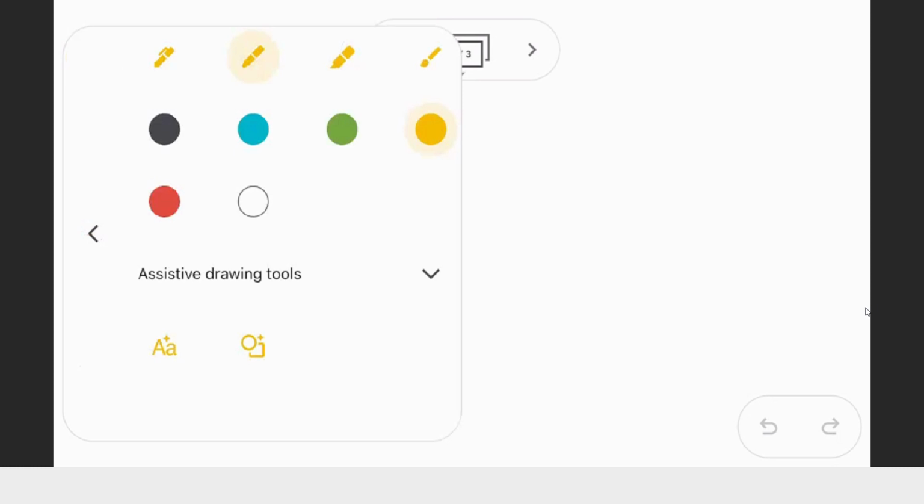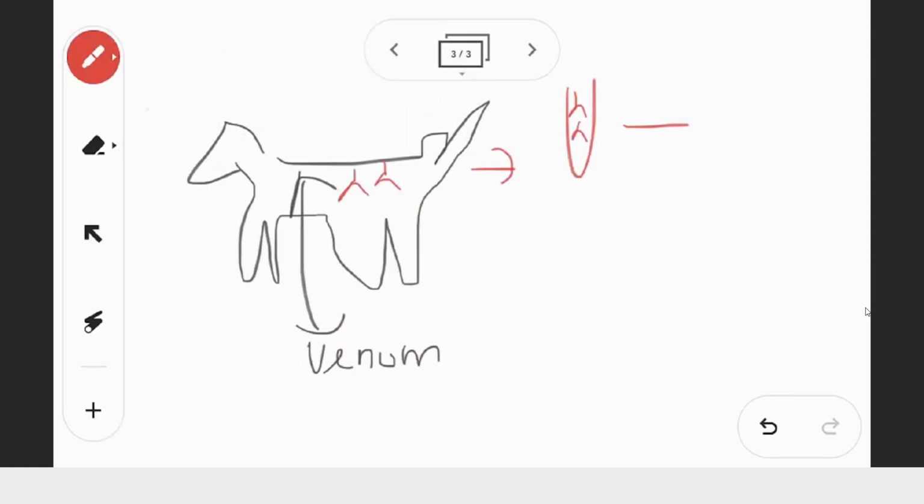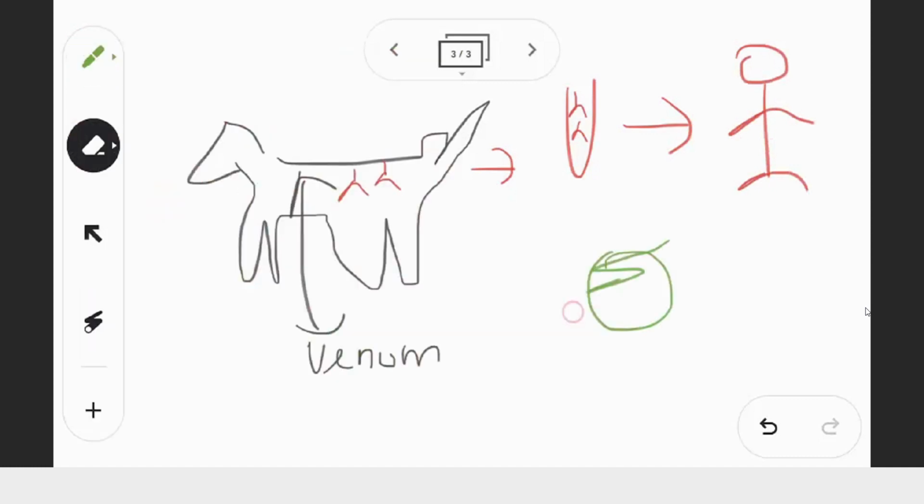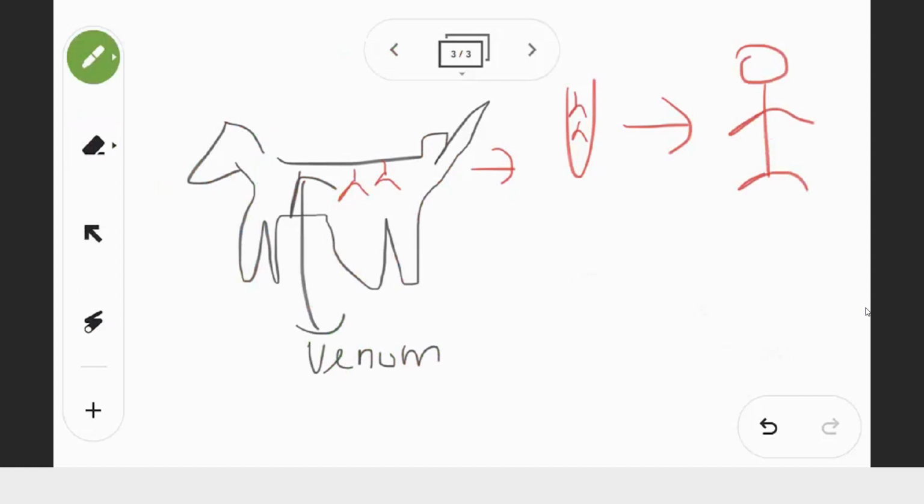Let's say that this individual got a venomous snake bite, and then you give the antibodies. So these are the antibodies in this individual.